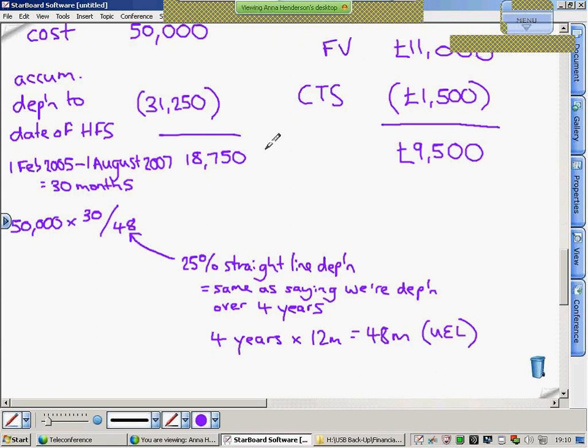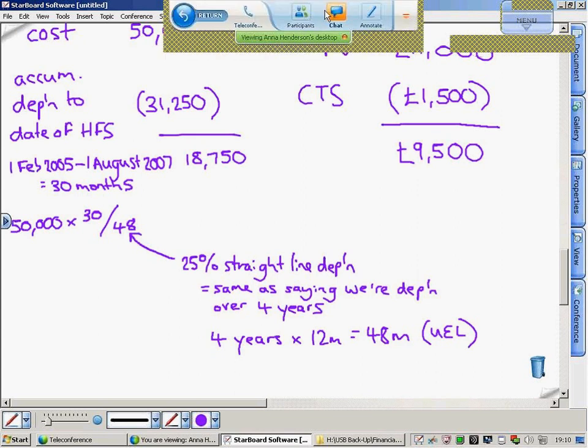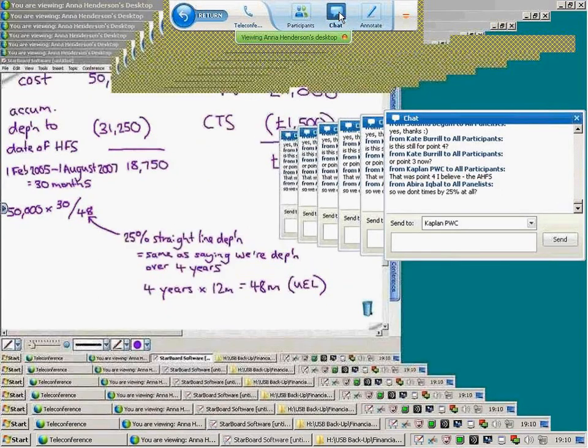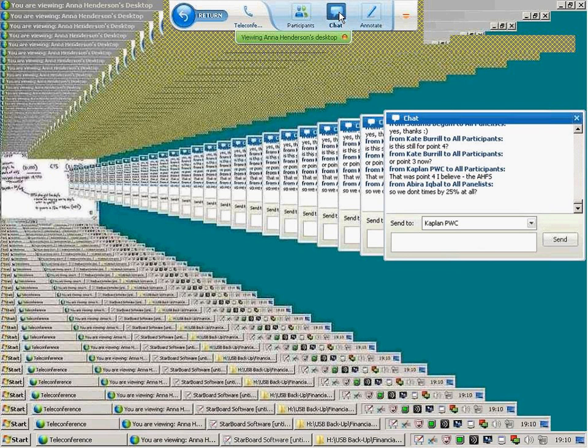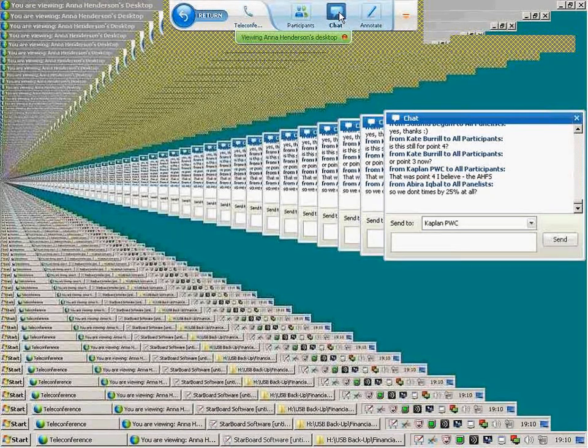Sometimes by 25%, but essentially often in the exam, if you're trying to prorate things by the number of months, it's much easier to convert the percentage into years, and convert those years into months, to make it easier. Okay?